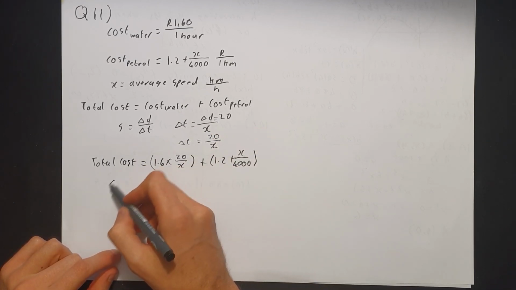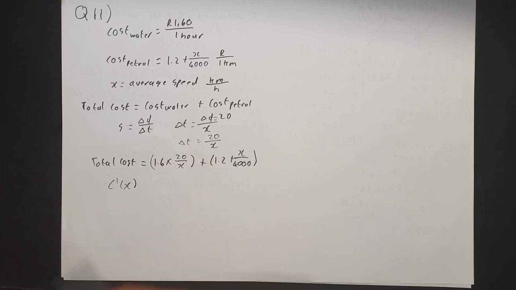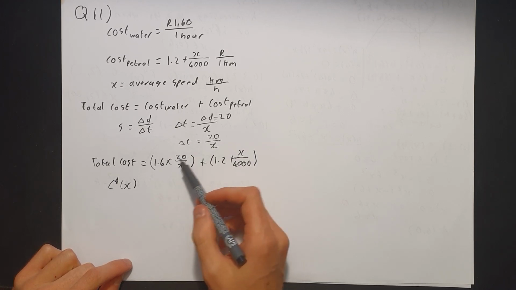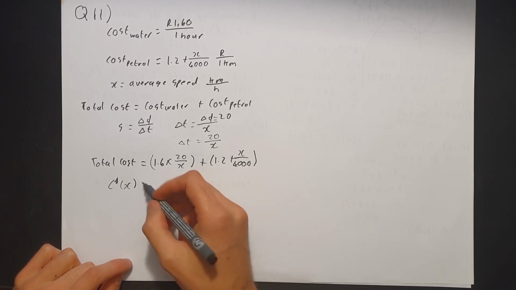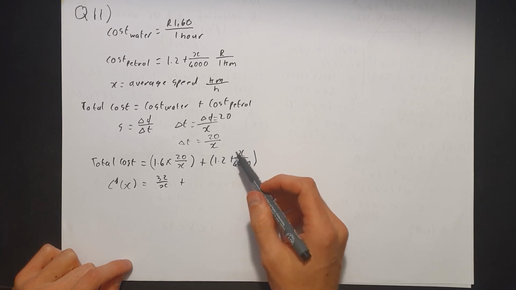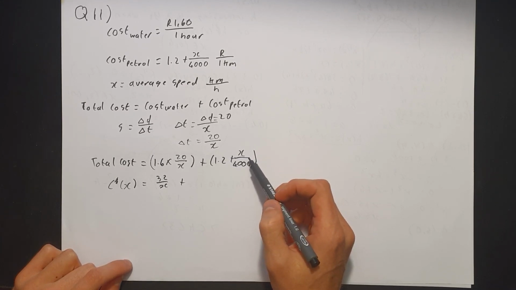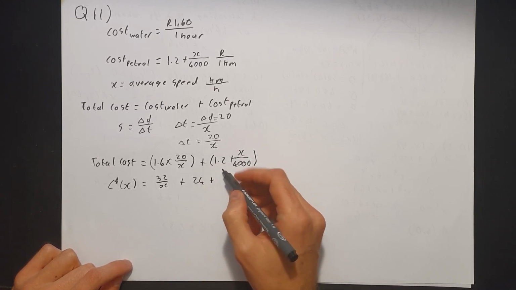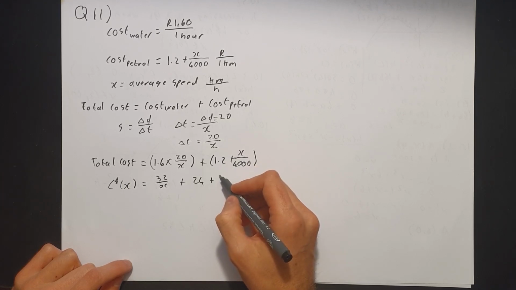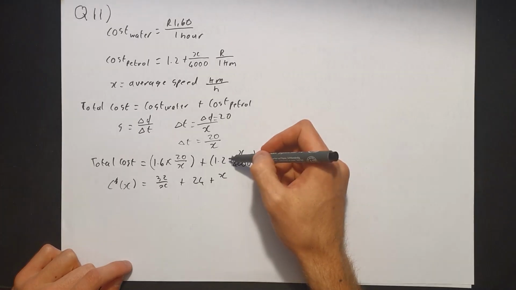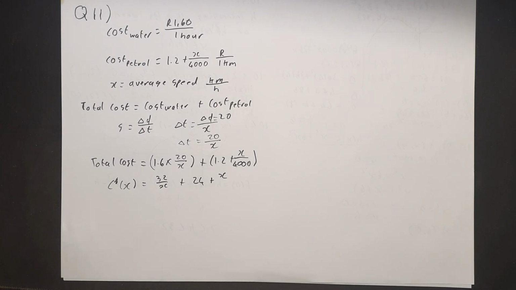So if we label this as C of x, before I take the derivative, let's see if we can sort this out. 1.6 times 20, if you plug that into your calculator, you're going to get a value of 32 over x, plus, I can put 1.2 times 4,000, and by doing that you get a value of 24, plus x over, and then we can simplify, we've times that by 4,000, to get a value of 200.